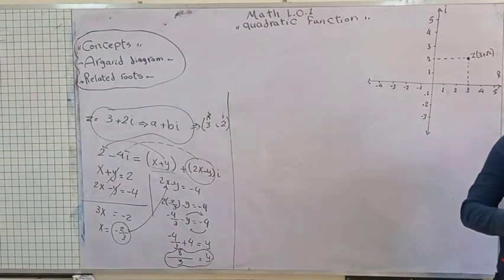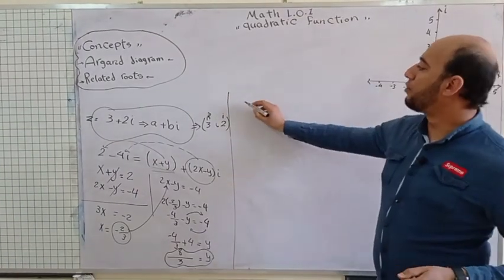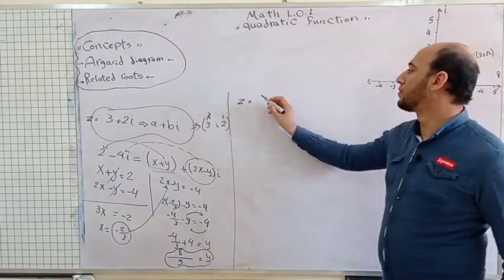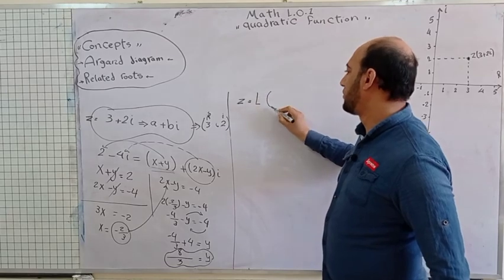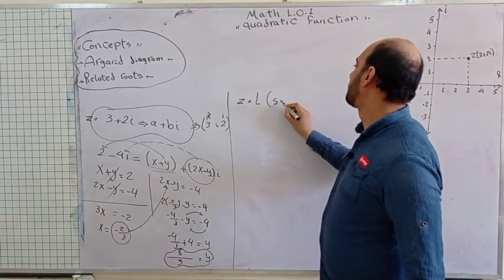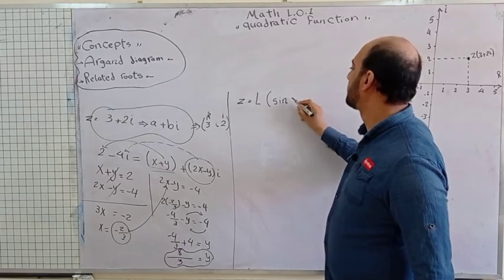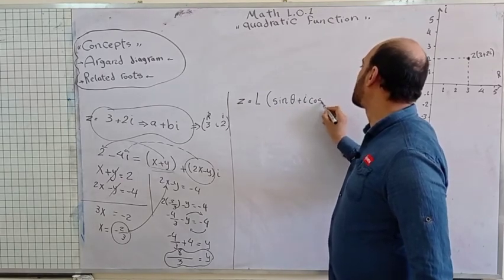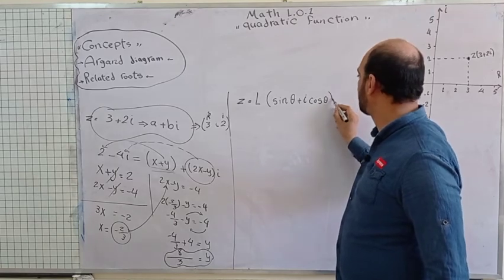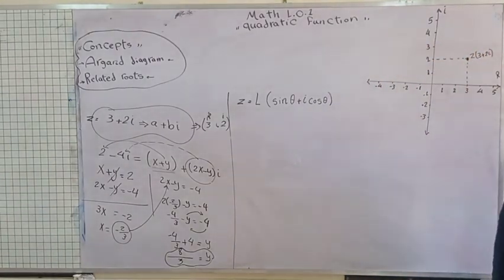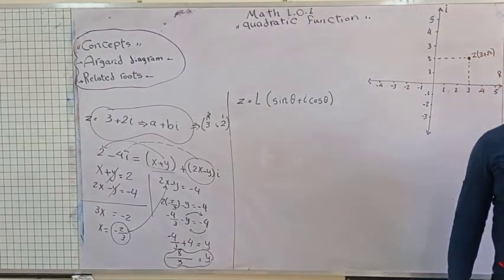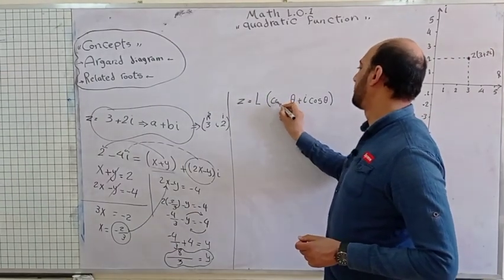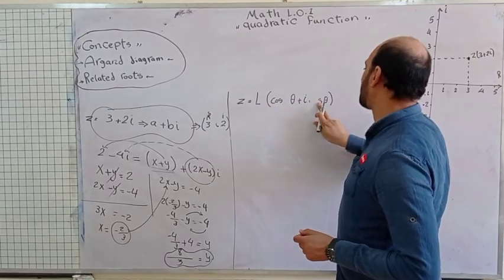This form is written as z equals L open bracket cosine theta plus i sine theta.